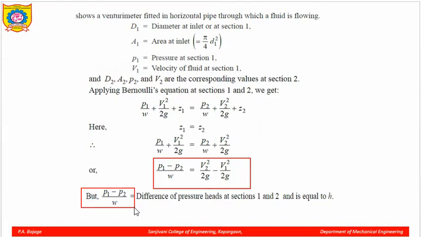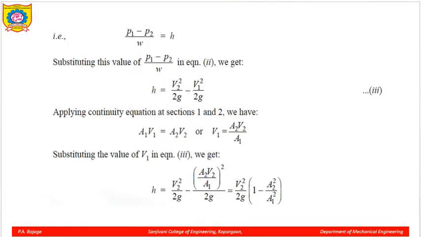This is the difference of pressure heads at section 1 and 2, which is denoted by small h, the height H. Now, substituting P1 minus P2 upon W is equal to H in the previous equation, what value do we get?